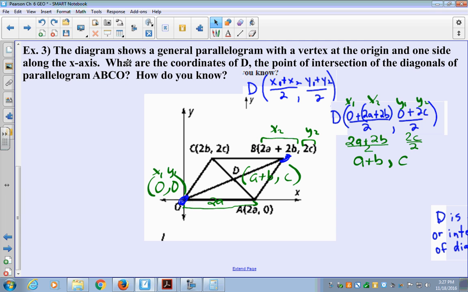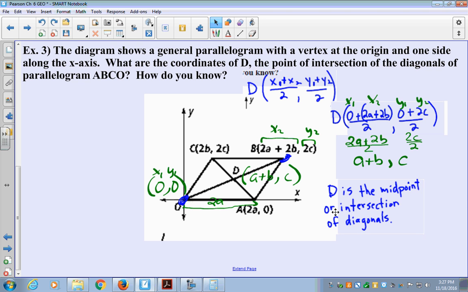So that takes care of what the coordinates of D are. And we know that is the case because D is the midpoint, or the intersection of the diagonals. All right, and that's our lesson for today.